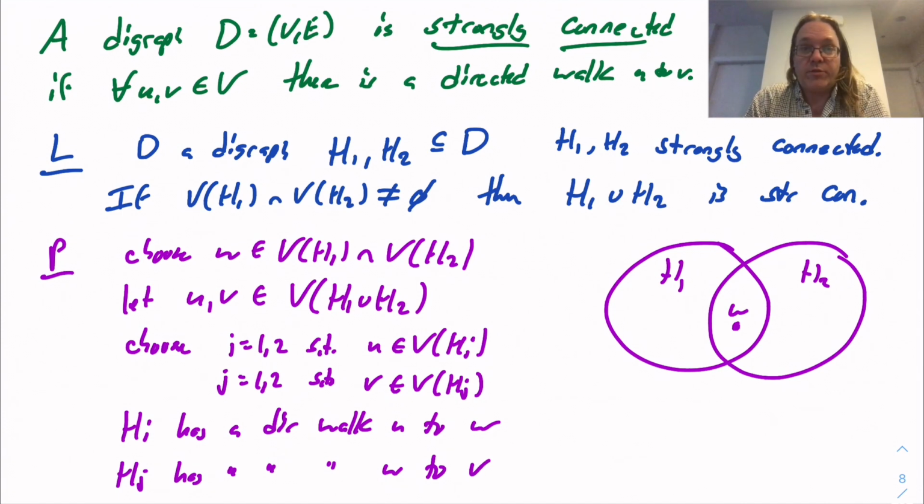Again, these HI and HJ are strongly connected digraphs. That means you have a directed walk between any pair of vertices.